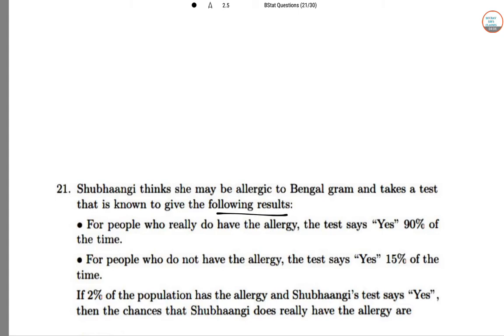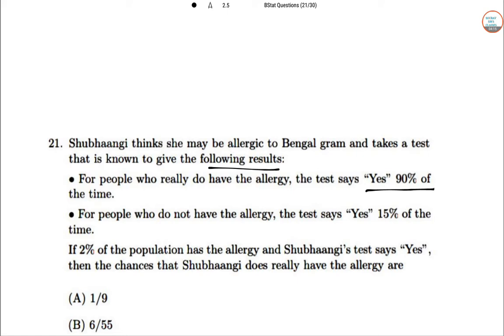For people who really do have the allergy, the test says yes 90% of the time. For people who do not have the allergy, the test says yes 15% of the time. 2% of the population has the allergy, and Shubhangi's test says yes. Then what are the chances that Shubhangi does really have the allergy?